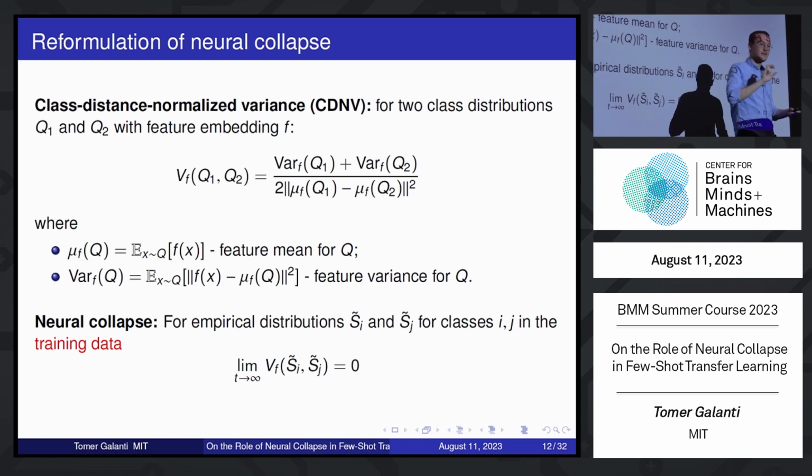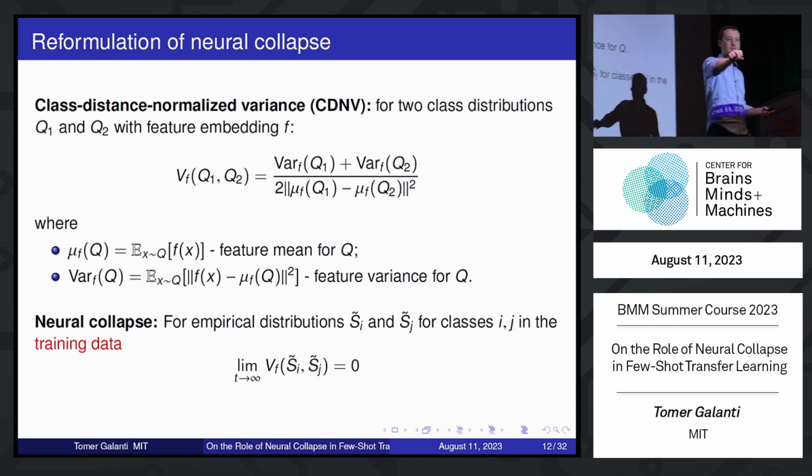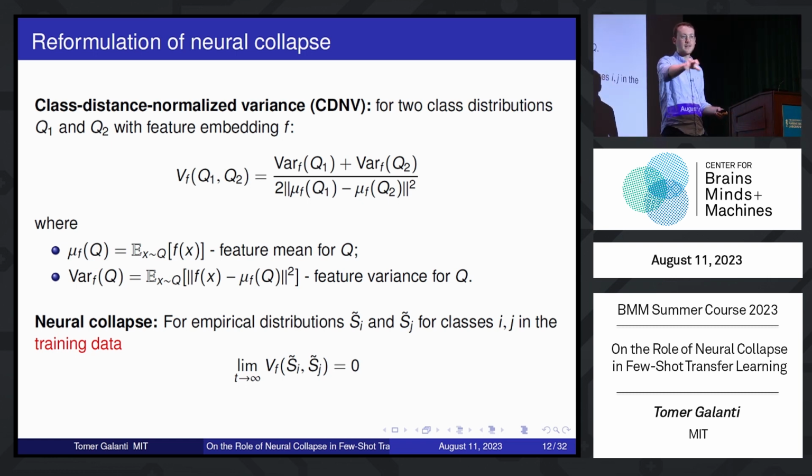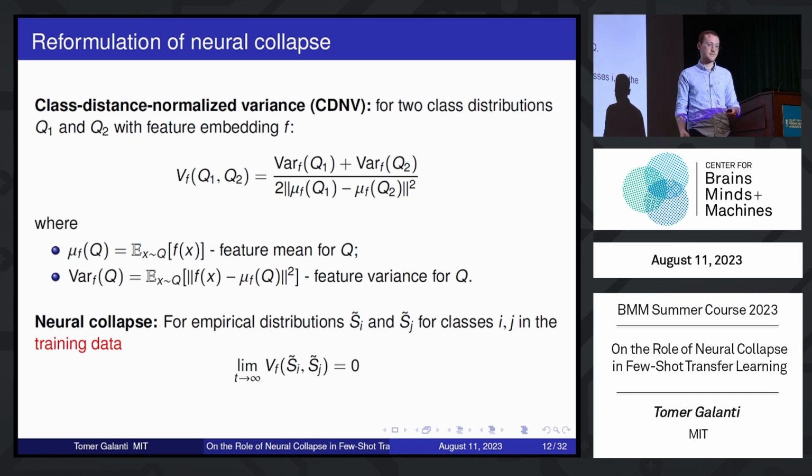So we look at the feature embeddings of cats in space. So we measure the variance of that. So how varied are they, okay? But let's say the variance is very low, okay? And then we look at the variance of dogs now, okay?